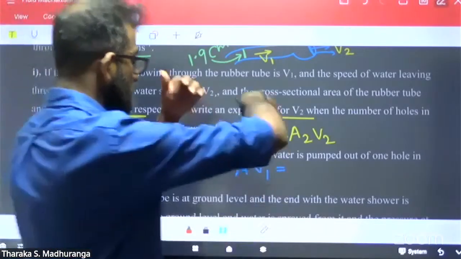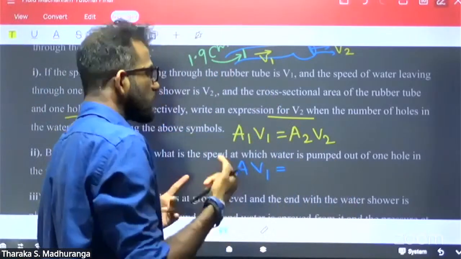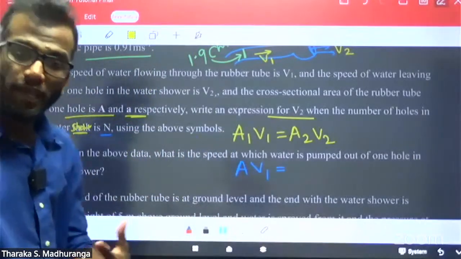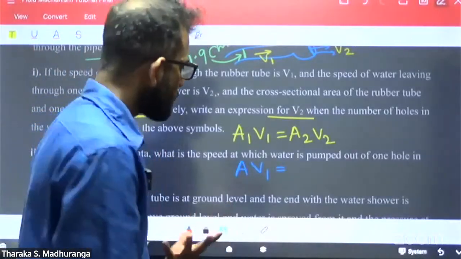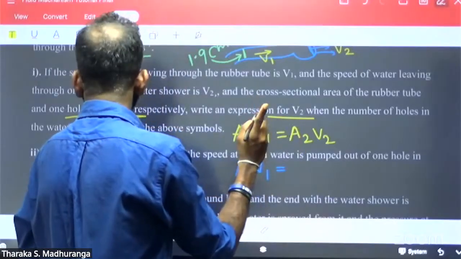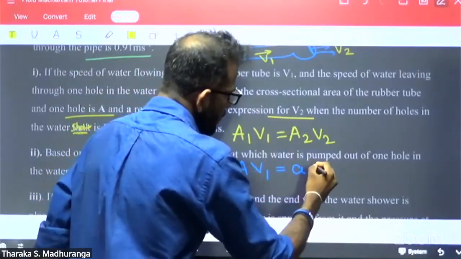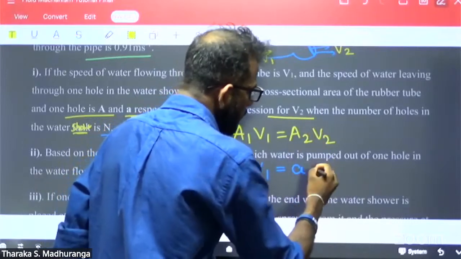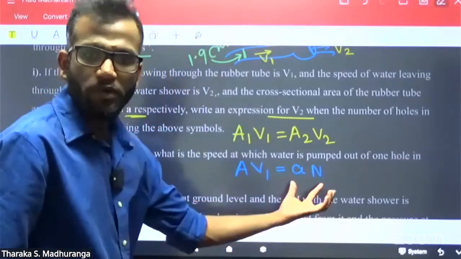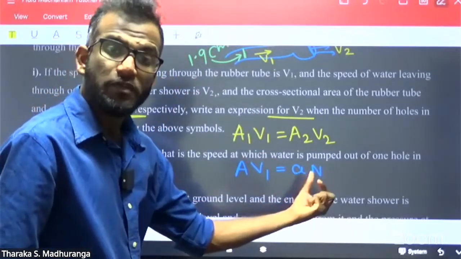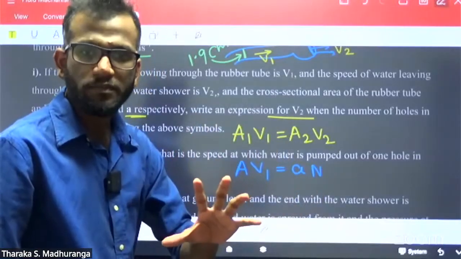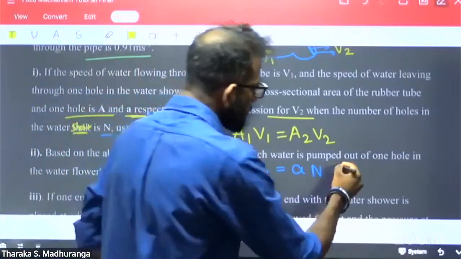Very good. Then you have to consider the number of holes given here. The number of holes is N. The one hole area is given as simple A. Then you have to multiply this one hole area with N. This is the total cross section area of all the small holes on the shower, multiplied by V2.